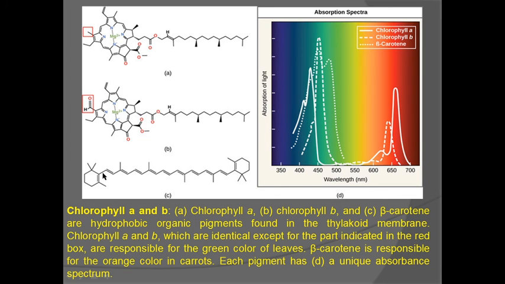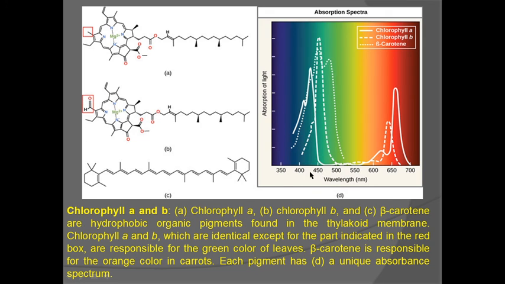See, this is the structure of various pigments: chlorophyll A, chlorophyll B and beta carotene. This is the absorption spectra. This is the wavelength on the x-axis, absorption of light on the y-axis. Now chlorophyll A absorbs light between 400 to 450 nanometers.